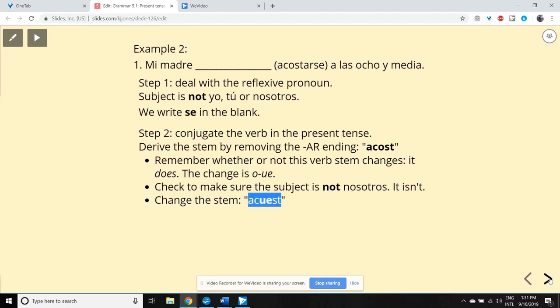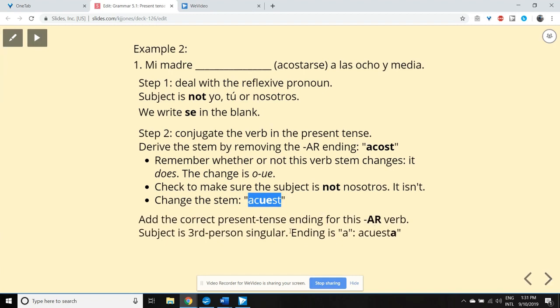To this changed stem, we can add the correct present tense ending for this AR verb. Our subject is third person singular, madre. Our third person singular present tense ending for all AR verbs is a, right there. Okay. To changed stem acuest, we add the conjugated ending a, right?